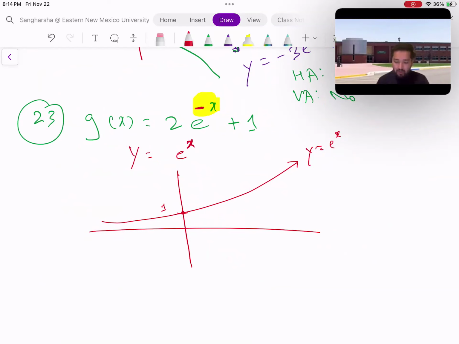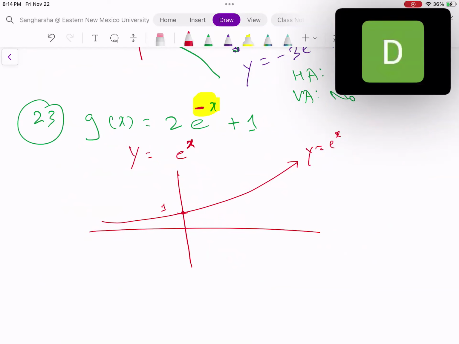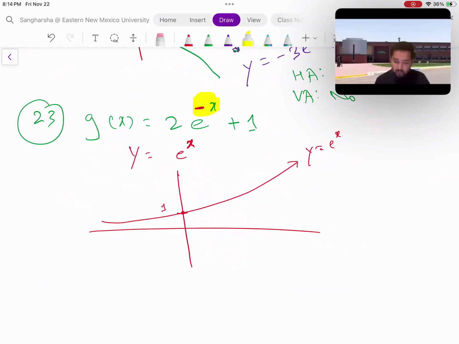Now, from this basic function, how can we get negative x? We have positive x. How can we get a negative x here? What do we need to do? Does anyone recall chapter section 2.8? To get negative x, we replace the positive x of our basic function by negative x.